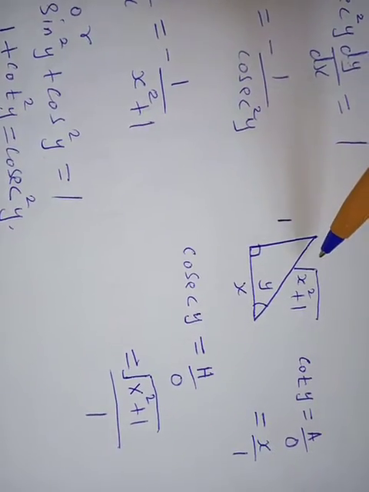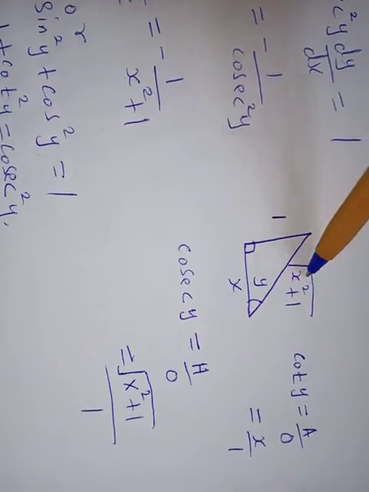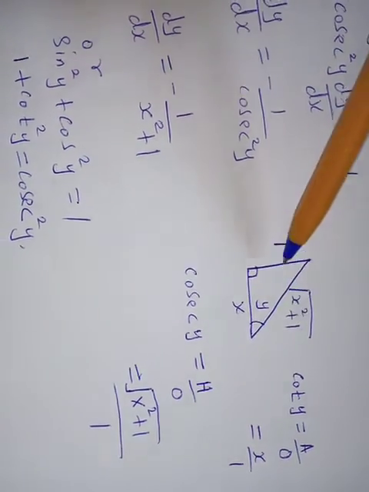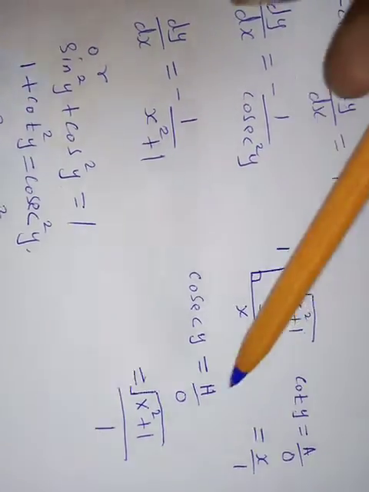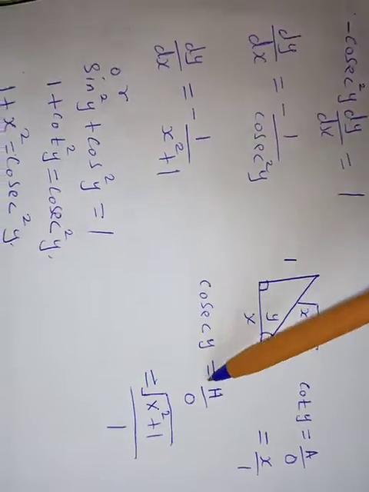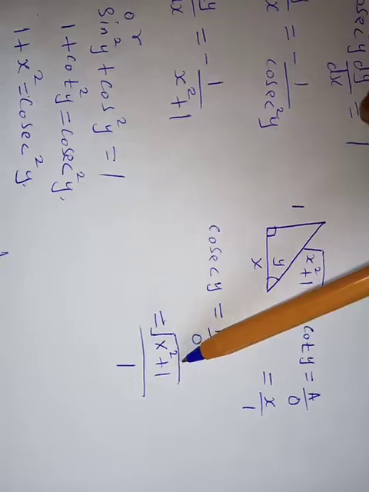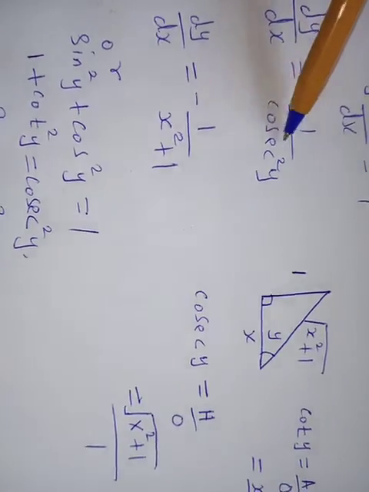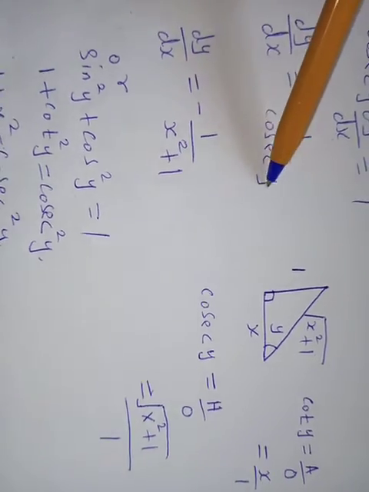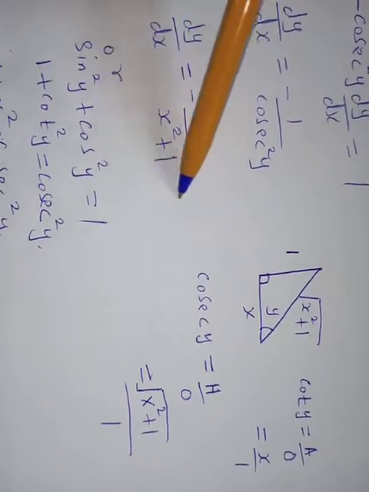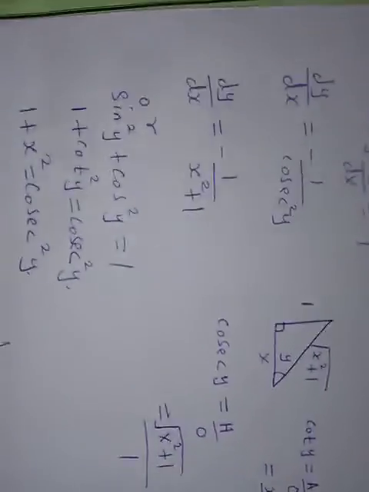Then cosec y is given by hypotenuse over opposite, which is the square root of x squared plus 1 divided by 1. Then we come here and substitute: instead of cosec squared y, you write x squared plus 1.